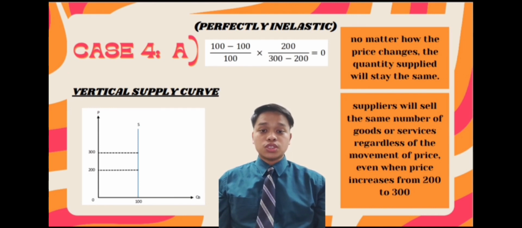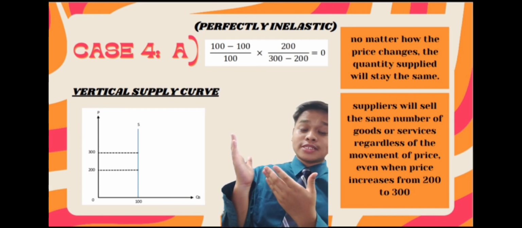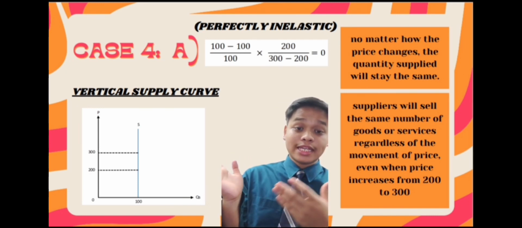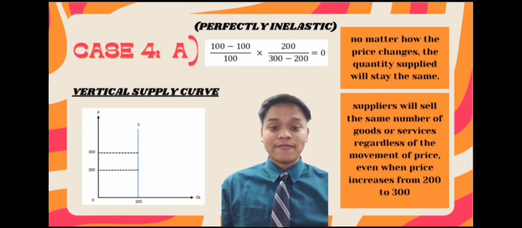0. So, the degree of responsiveness in price elasticity of supply for A is perfectly inelastic because the elasticity of supply is 0. So, this is the supply curve for perfectly inelastic, and the name is vertical supply curve.